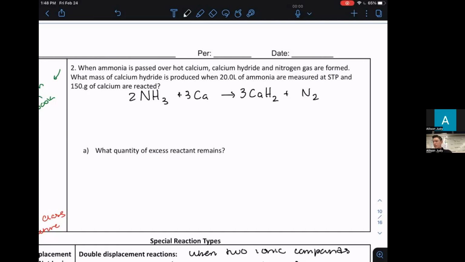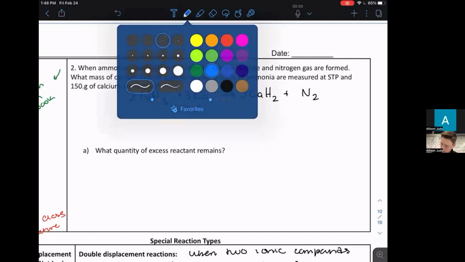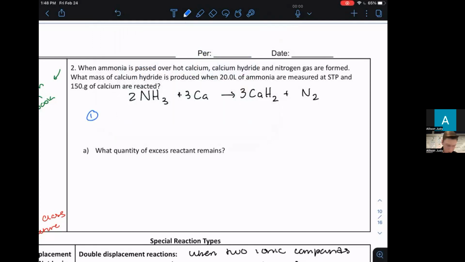Okay, so whenever you get a problem like this, and it's giving you the values of the two starting reactants, you're going to have to figure out which one is the limiting and excess reactant. So that is going to be our first step. Step 1 is to determine the limiting reagent or reactant.